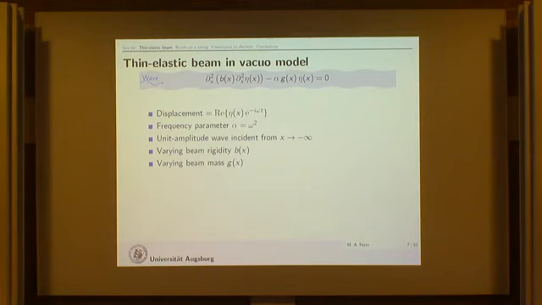We take a unit amplitude wave incident from the left, and the two quantities that determine our problem are the beam rigidity and the beam mass, given by these functions b and g.